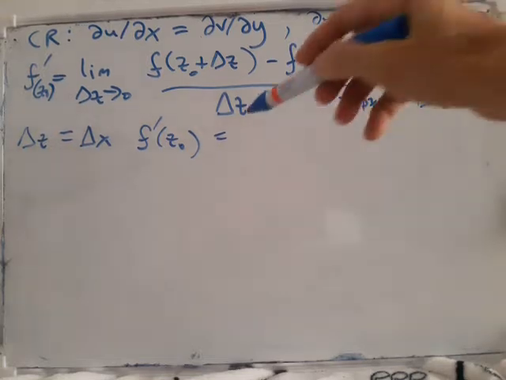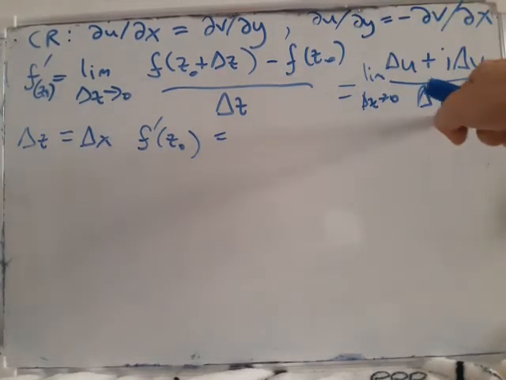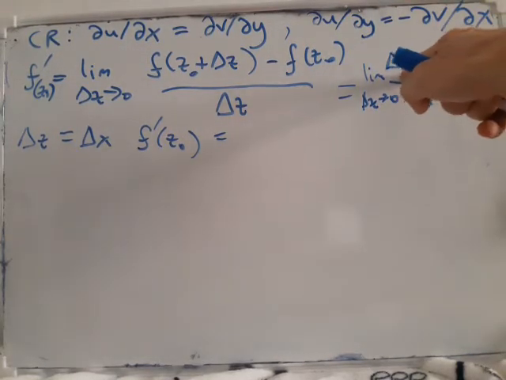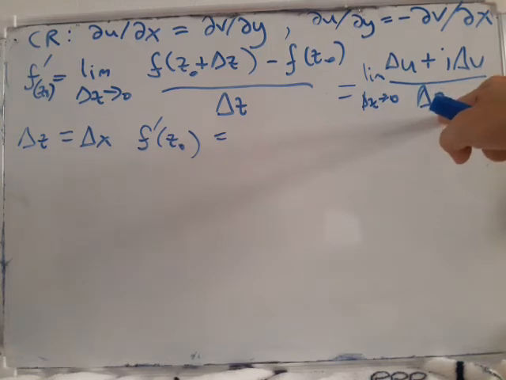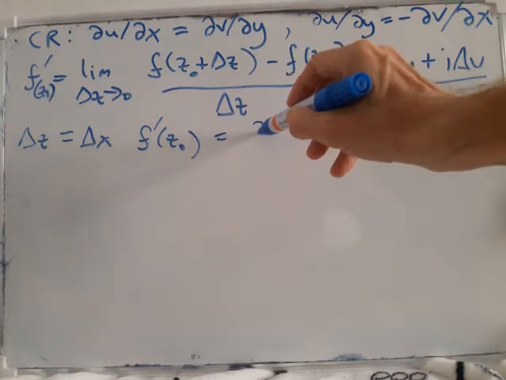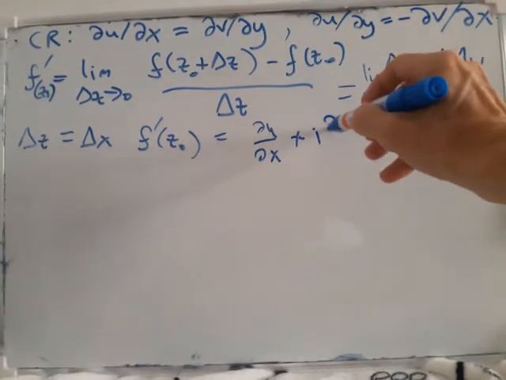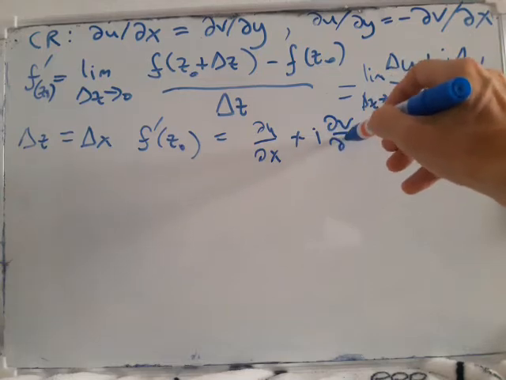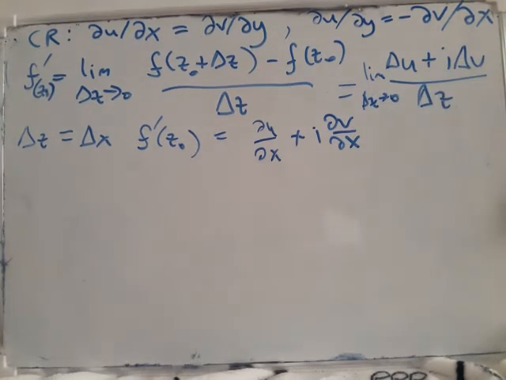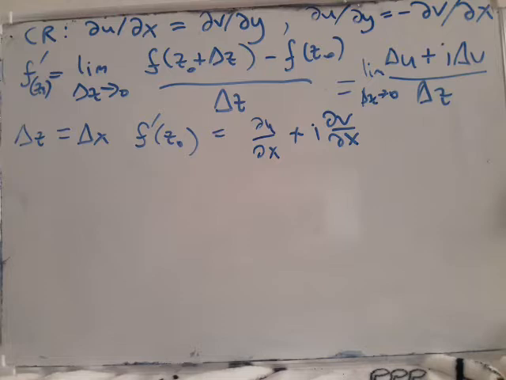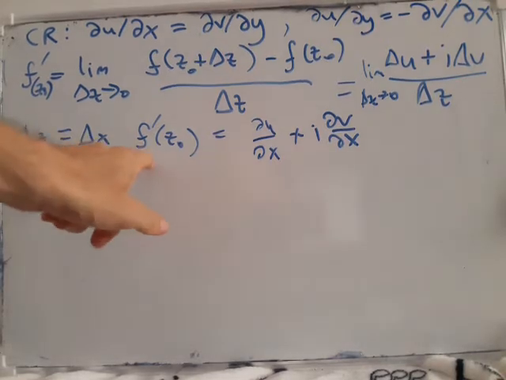So delta z is now delta x. We get delta u divided by delta x as delta x tends to 0. So that's just the partial derivative of u with respect to x. And similarly, we get dv by dx as well. So that's one expression for the derivative.